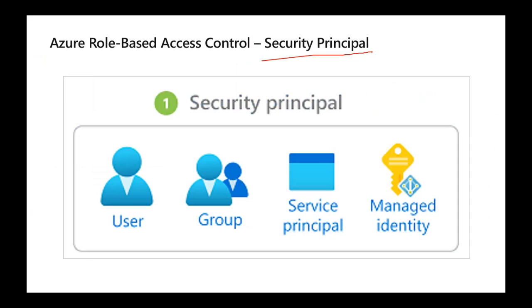Well, in this case, we create a security principle for this application, and then we can assign the role to this security principle, and these actions now can be performed. So we can assign a role to any of these security principles. And finally, the changes in our resources become possible.